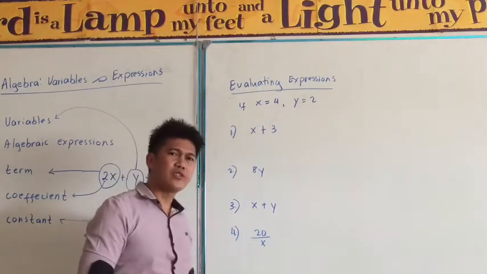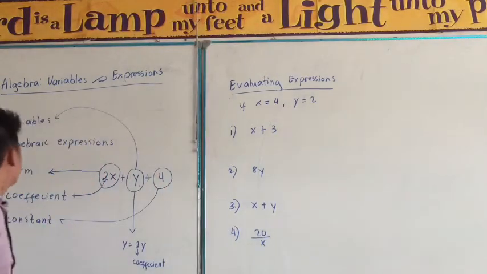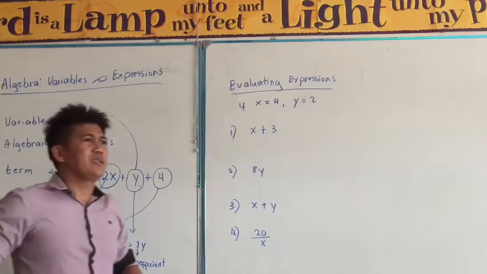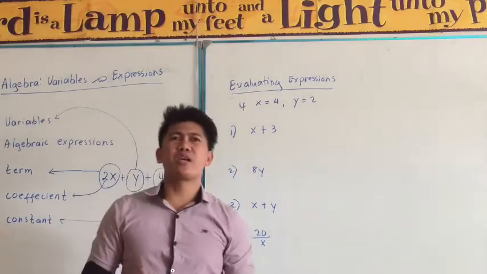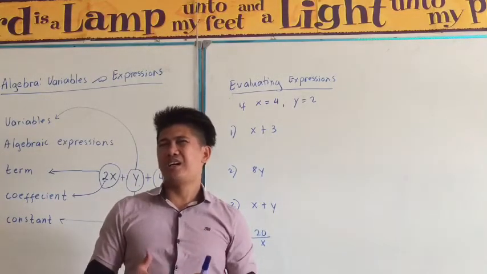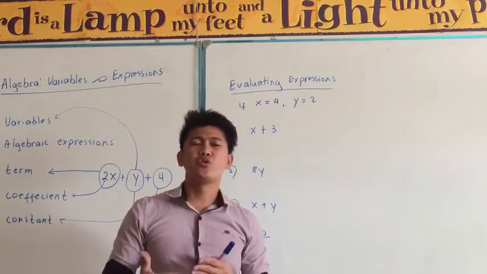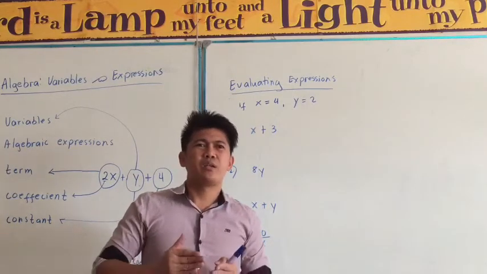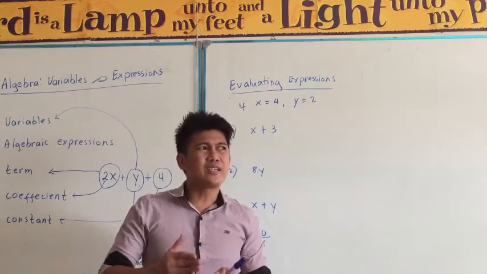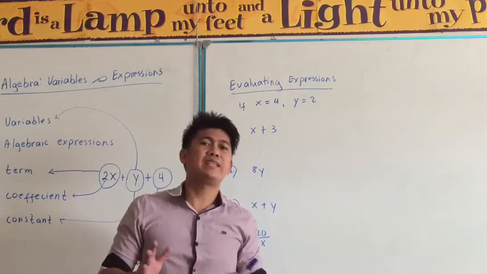Okay, so let's start. First is variable. What is a variable? It is something that represents a number. This variable is taken from the letters in the alphabet.